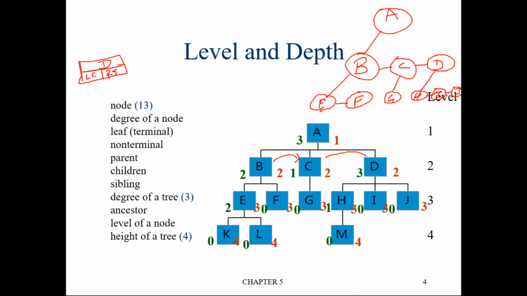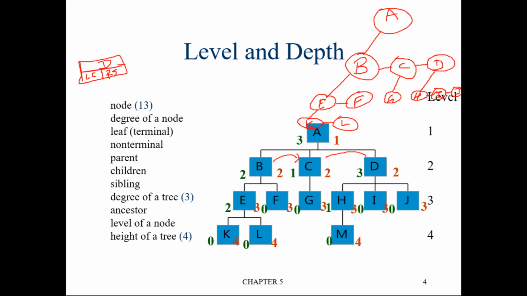Finally, E's child is K, so K will be E's left child. E has another child, L, so that will be K's right sibling. F does not have any child, so its left child and right sibling will be null.